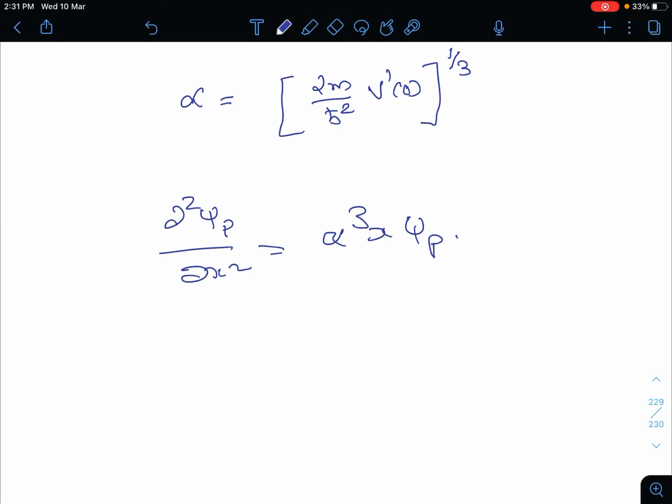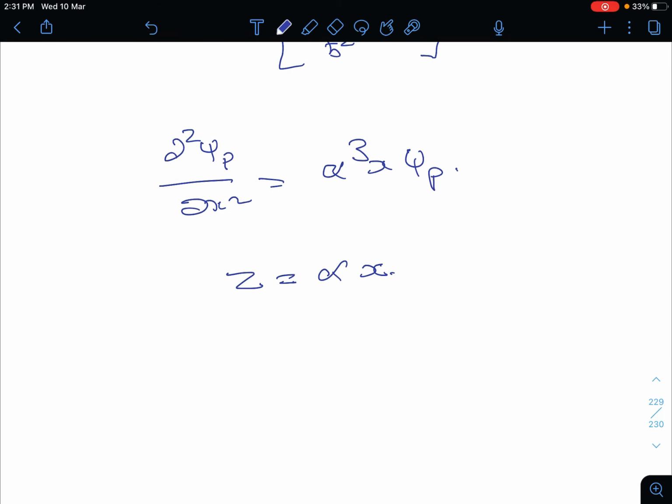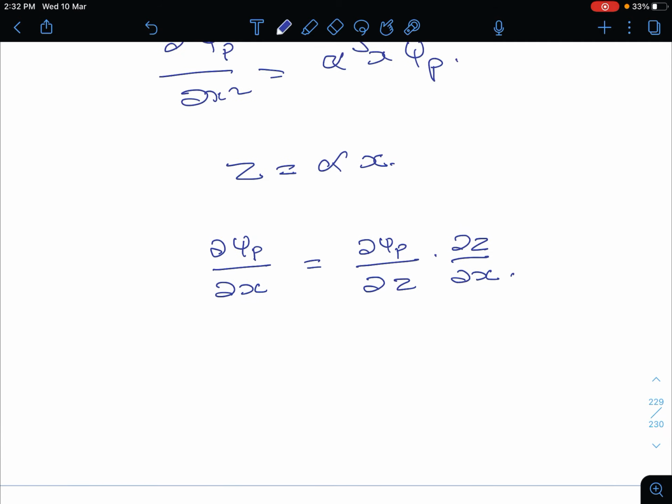Good. Now put z equal to alpha x. Then dou psi p by dou x is equal to dou psi p by dou z into dou z by dou x by the chain rule. Now what is dou z by dou x?